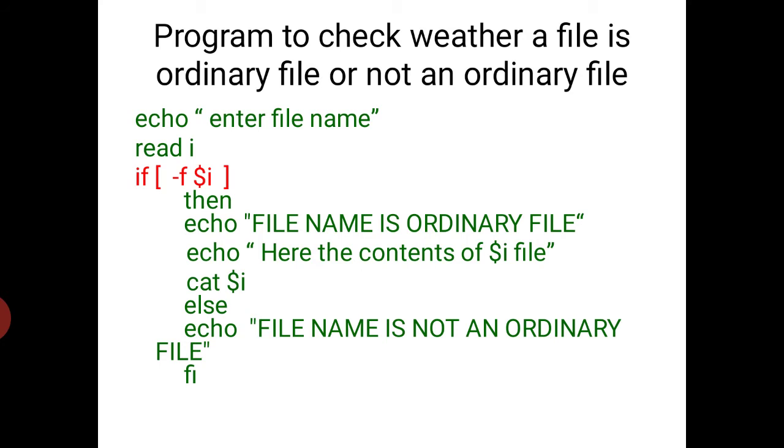The file name will be written at the right hand side of minus f. So minus f: if the file is an ordinary file, then echo the file name is an ordinary file, and we display the contents with the cat command, else the file name is not an ordinary file. So this is a very simple program with 3-4 lines.